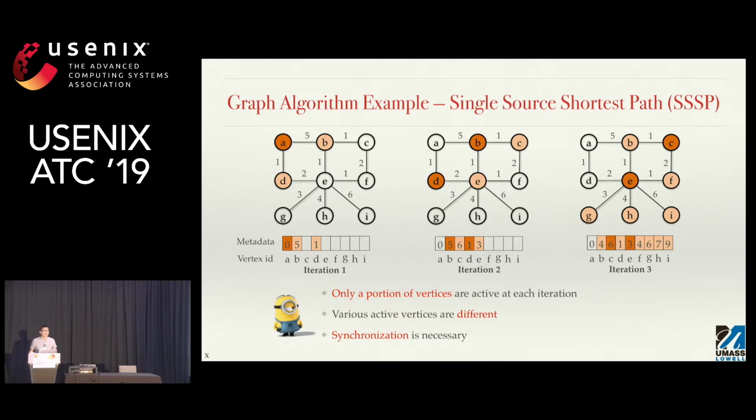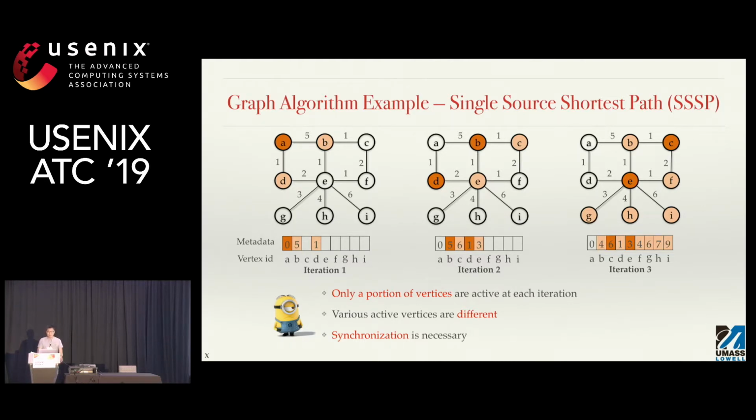Otherwise, you're going to get skewed updates, or your convergence is going to be postponed. So those are all the challenges you want to deal with, and SIMD-X is here to bridge the gap. It is here to solve these problems: only a portion being active, workload imbalance, and synchronization.